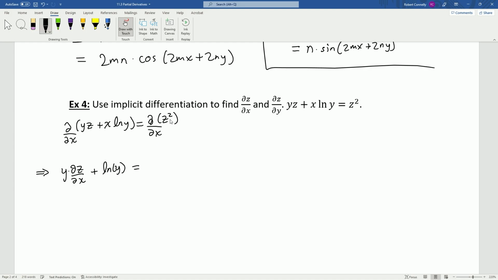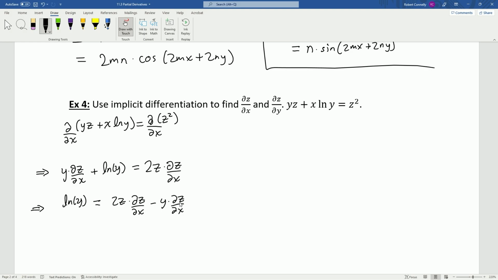And here we have to apply the chain rule, because again, z is a function of x. So we get 2z times the partial derivative of z with respect to x. So if we move this partial derivative to this side, we get ln of y equals 2z times the partial of z with respect to x minus y times the partial of z with respect to x.